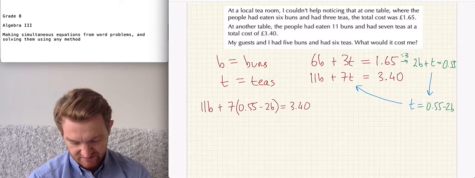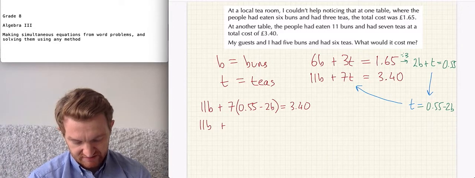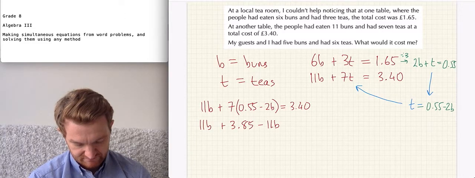Oh, already looking better. 11b plus $3.85 minus 14b is equal to $3.40. So negative 3b is equal to negative 0.45.